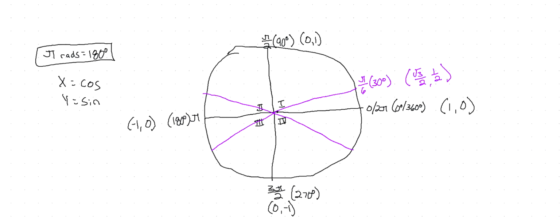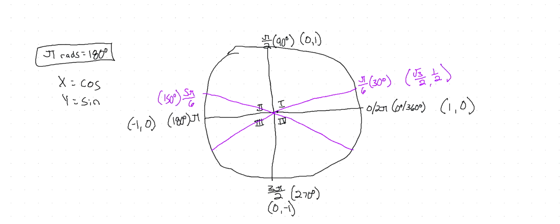Then, if we go all the way over to quadrant 2, we have 5 pi over 6 radians, and this is 150 degrees.